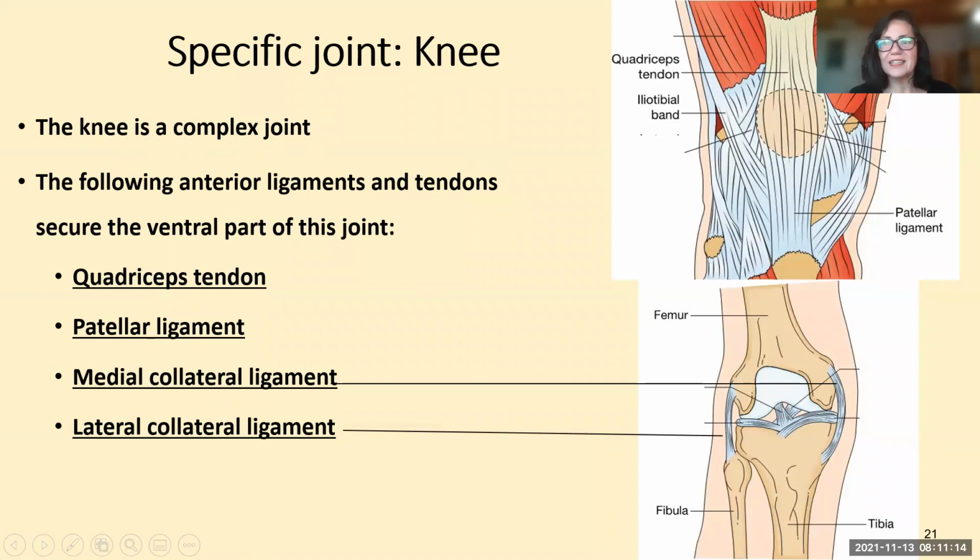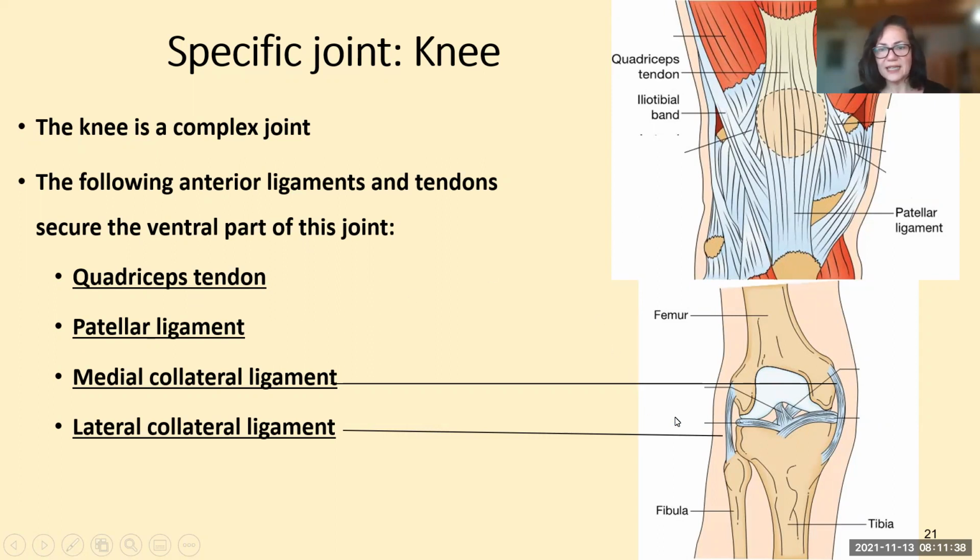These four heads of muscle converge onto this one tendon, the quadriceps tendon. It attaches to the bone called the patella. Then there's a section of this dense connective tissue that continues on to the tibia. That's the patellar ligament. So quadriceps tendon and patellar ligament.